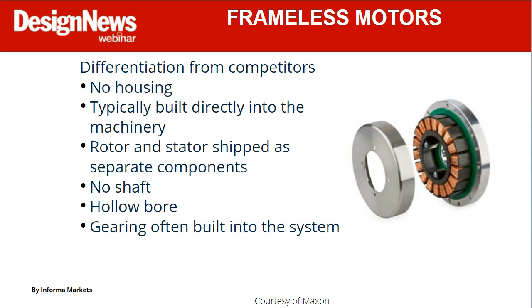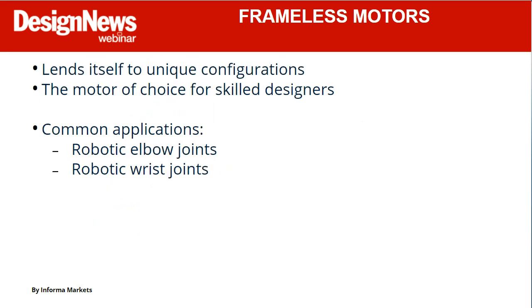The other interesting thing is it's hollow bore. So you've got a place for your cabling to go. You've got a place for any kind of optical beams to go, water lines, anything like that. So it really opens up some interesting possibilities.